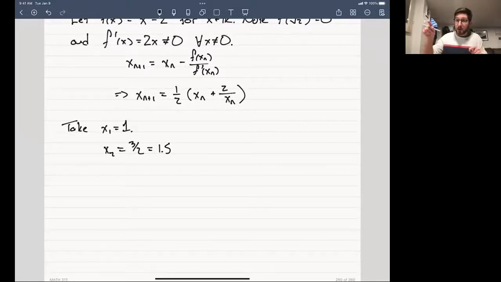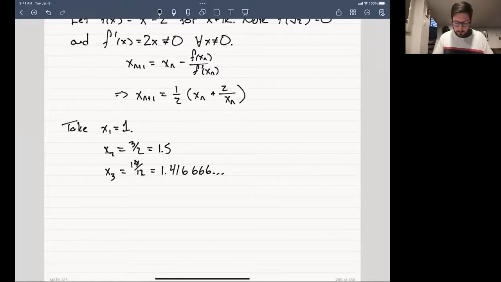We've jumped to the other side, but we've gotten a lot better. This is a much better approximation already. Then imagine I put in 1.5 as my guess. The question is, what do I get next? Well, in this case, I get 17 over 12, which is like 1.41666, and then lots of repetition.